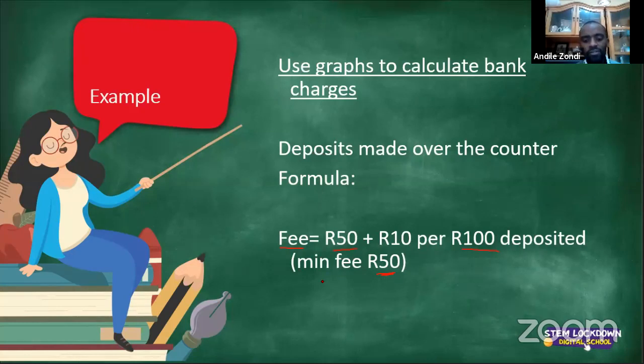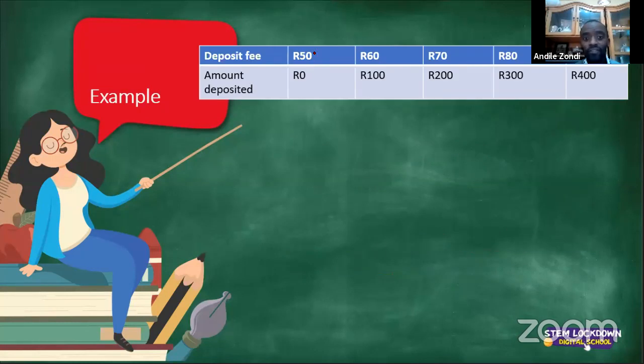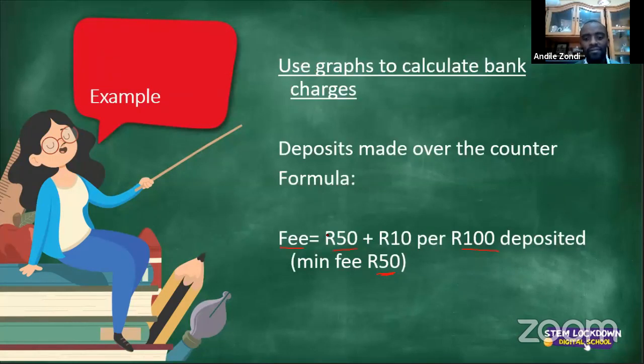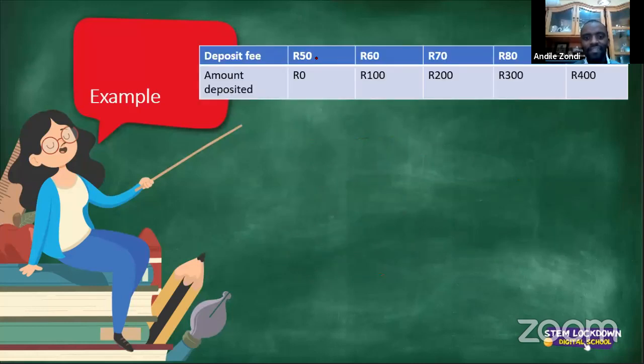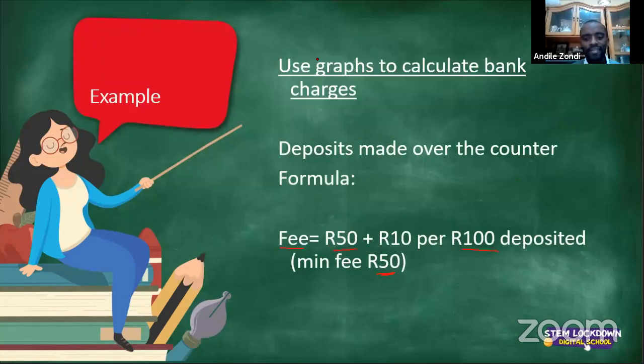So if I were to deposit 0 rands, I'll pay 50 rands. Why? Because 50 plus 10 times 0 will give me 50 rands because 50 rands is a fixed amount. Okay, now let's look at the next one. If I were to deposit 100 rands, what would be my fees?